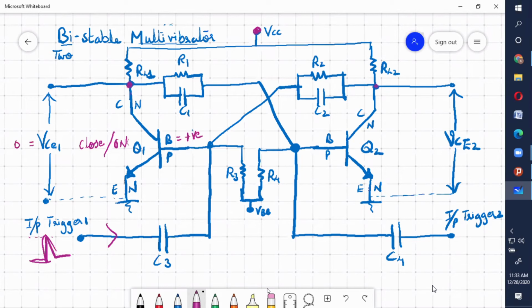Now this collector is also connected to the base of Q2. So this base is receiving what value now? This value is being transferred from here to here.